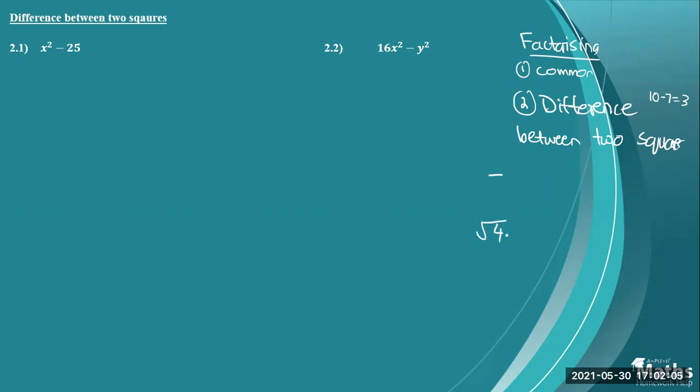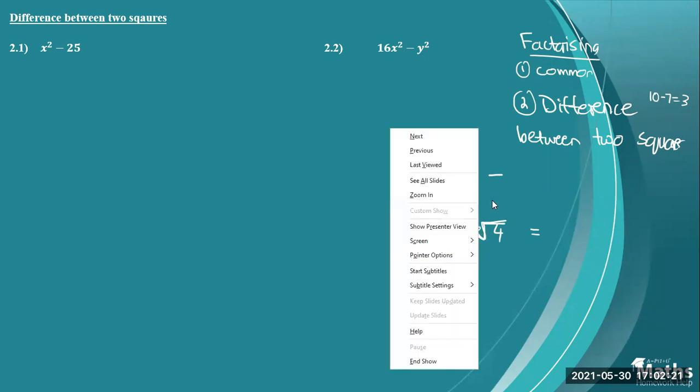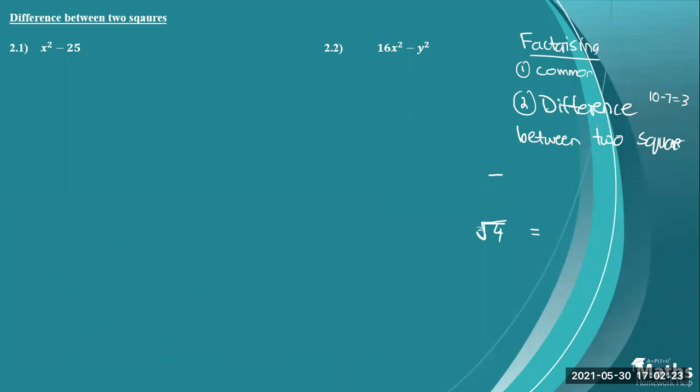Now, the square root of 4, I just want you to understand the difference between a square and a square root. This is the square root if you see this symbol over a number, because there is actually an invisible 2 in there. So the square root of 4 is 2, but the square, if you put this to the exponent of 2, it means it's the square.